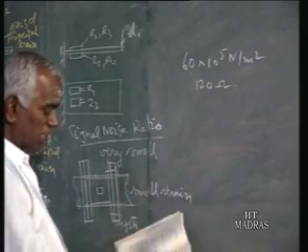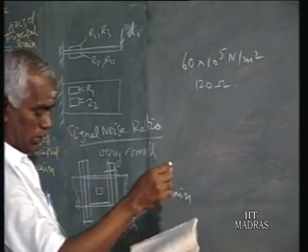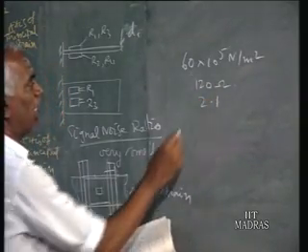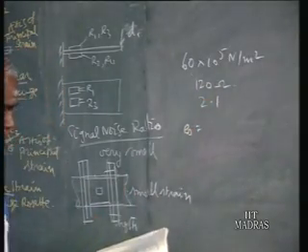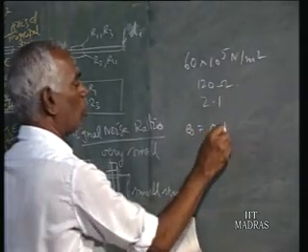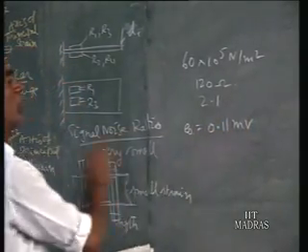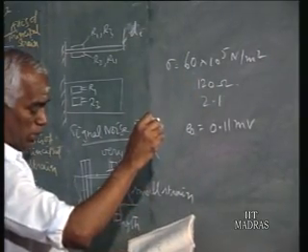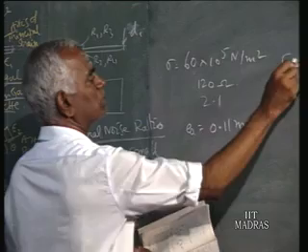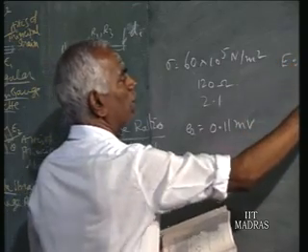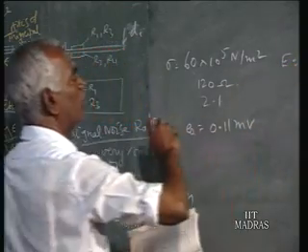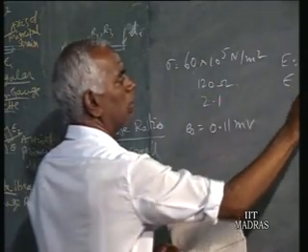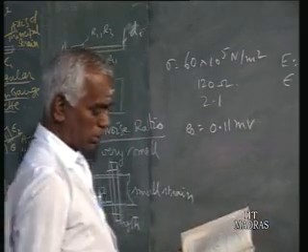The gauge factor is 2.1, and in this case EO, the output of the quarter bridge, will be 0.11 millivolt for a stress of this. Young's modulus E is 2 into 10 to the power of 11 Newton per meter square. So for this we have a strain of 3 into 10 to the power of minus 5.